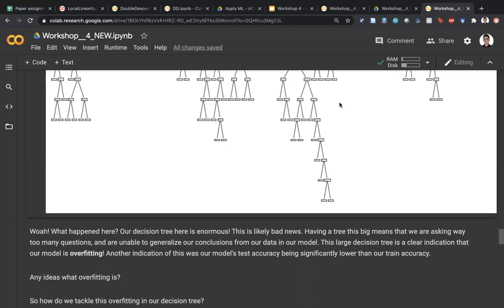Oftentimes, this is because the model learns the noise in the data instead of actually learning the real patterns that we're trying to show it. So, does anybody have any ideas on what we can do to maybe reduce the overfitting in our decision tree and try to get that testing and training accuracy to be closer to each other?